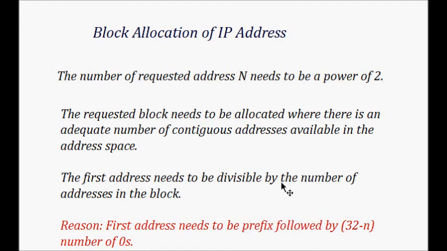After the prefix, whatever the values are, the gateway router will receive all those packets. So the prefix followed by 32 minus n zeros is the first address, which means it should be divisible by the number of addresses in the block.